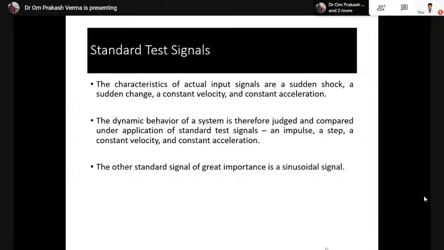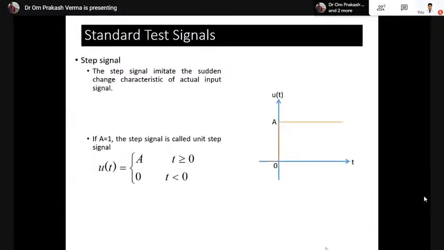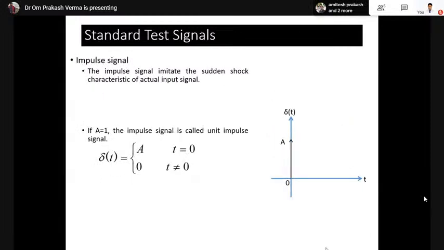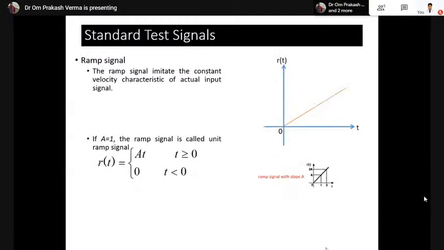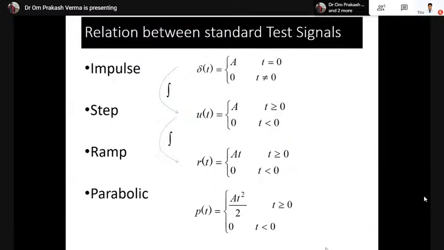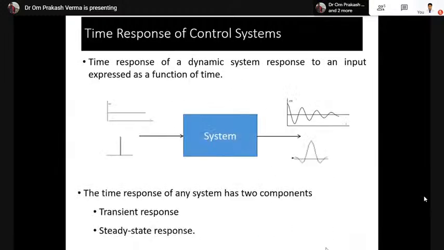We understood what the impulse signal is, what the step signal is, what the limitations are, how the impulse signal is derived, and what the value at t equal to 0 of the step signal is. Then we discussed the ramp signal, and established the relationship between the impulse, step, ramp, and parabolic. Then we discussed the different types of transient response and disturbance response.